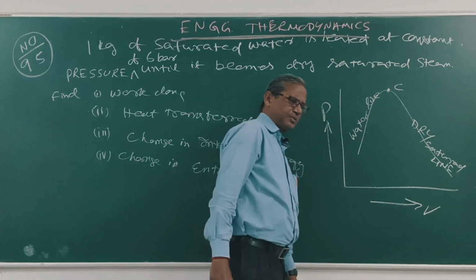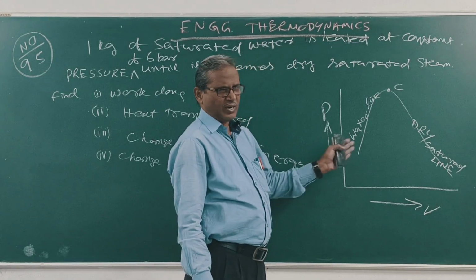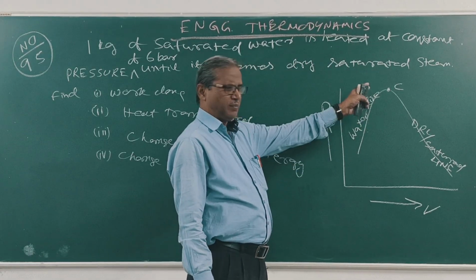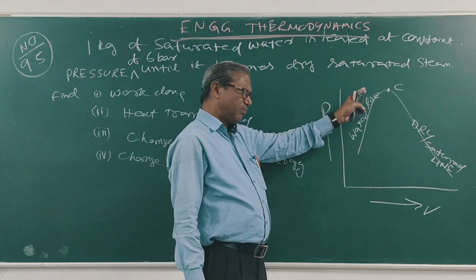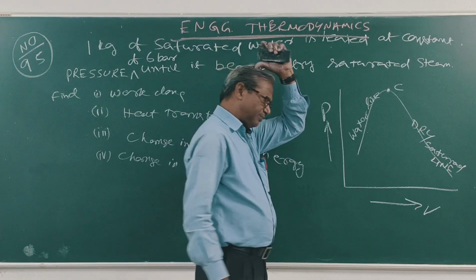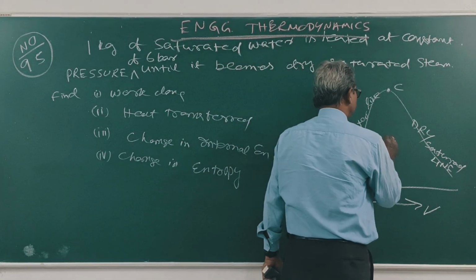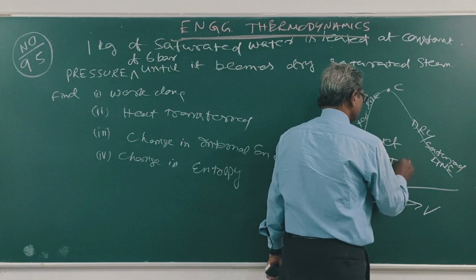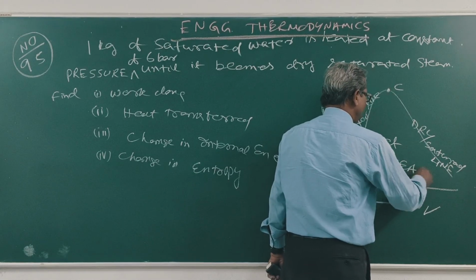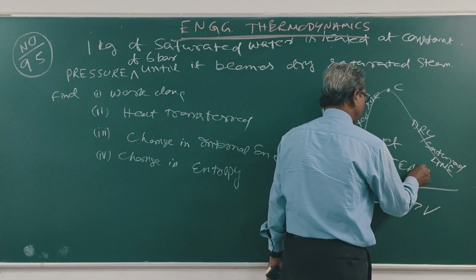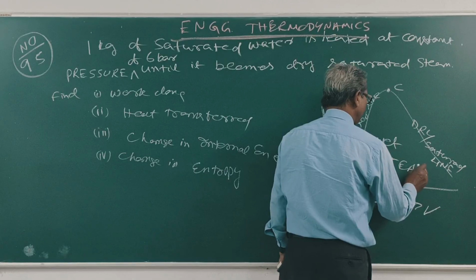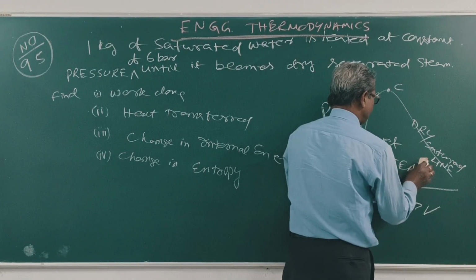Clear? The water line and dry line both meet at point C. That point C is called the critical point. This is wet steam. Clear? Wet steam.